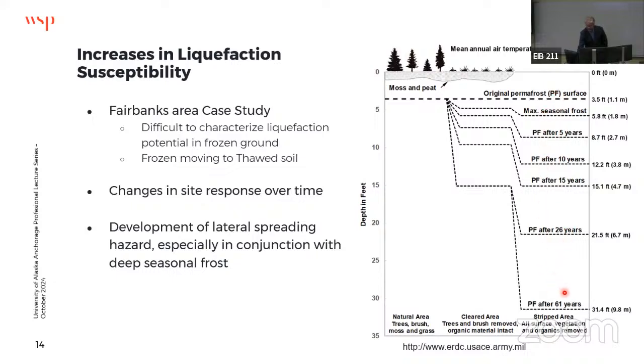And what I find pretty shocking is that 61 years after this area was cleared, we essentially have 31 feet of degradation. So we're not talking about a thin talik here. We're talking about a pretty major talik. You can think of it as when I put a road, a building pad, whatever I'm putting on top of this.